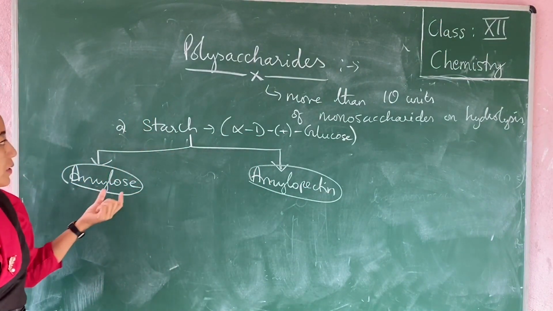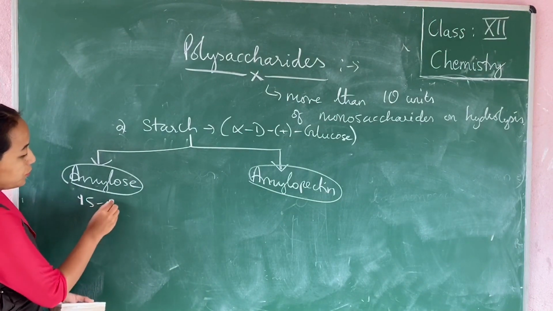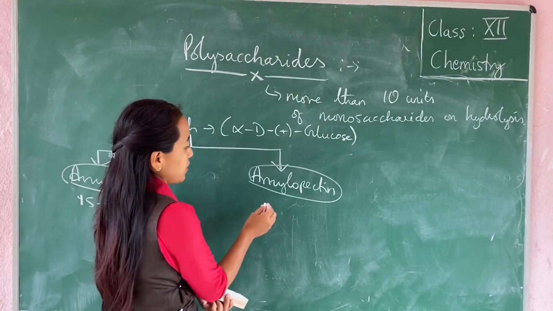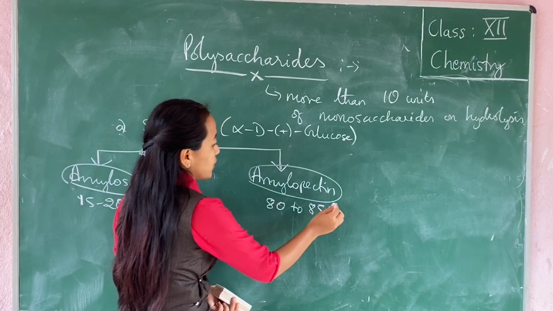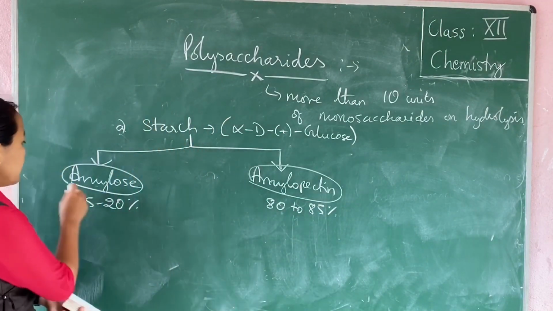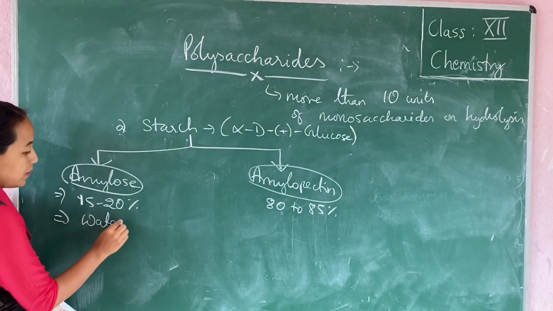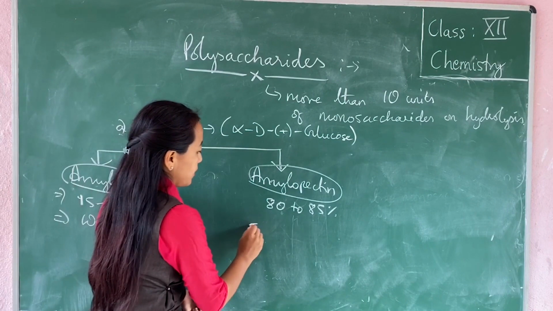So amylose comprises about 15 to 20% of starch, whereas amylopectin comprises 80 to 85% of the starch, and amylose is water soluble, whereas amylopectin is water insoluble.